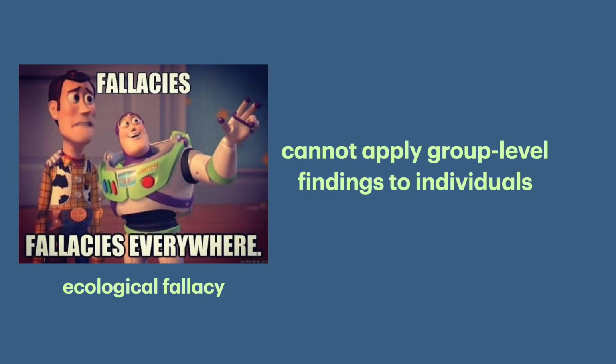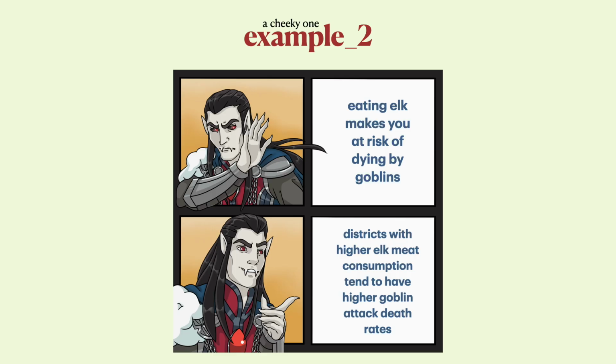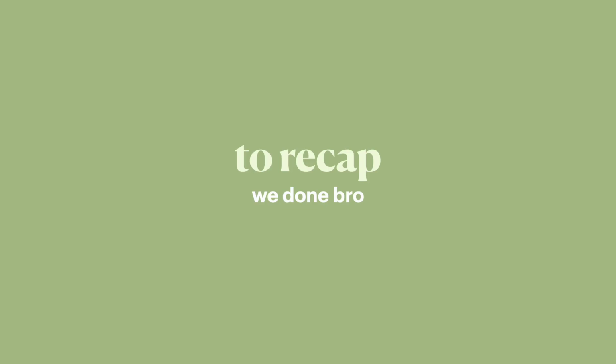There's something called the ecological fallacy, which says that you cannot apply group level findings to individuals. And that's a key concept that they will repeatedly test you on in NBMEs. So instead of saying eating elk meat increases your risk of dying by goblins, what you can say, and the only valid thing to say, is that districts with higher elk meat consumption tend to have higher goblin attack death rates. And now we're basically done.